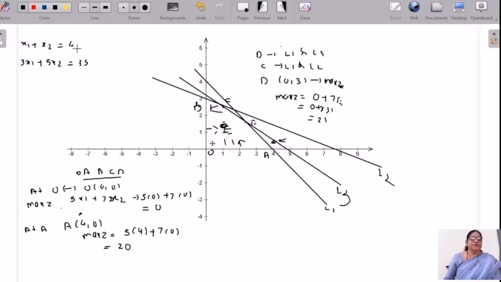Multiply the first equation by 3, it becomes 3x1 plus 3x2 equal to 12. Subtracting from this, you get 2x2 equal to 35 minus 12, which is 23.